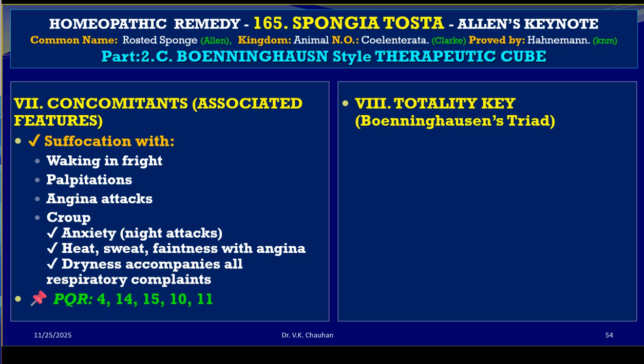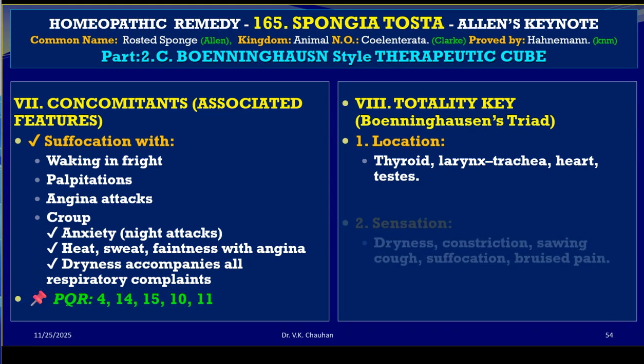And we go to the 8th totality key, Boenninghausen's triad. Number 1, location. So first part of totality key and first part of triad is location. So we have thyroid gland, respiratory tract, larynx and trachea mostly affected, heart and testis.